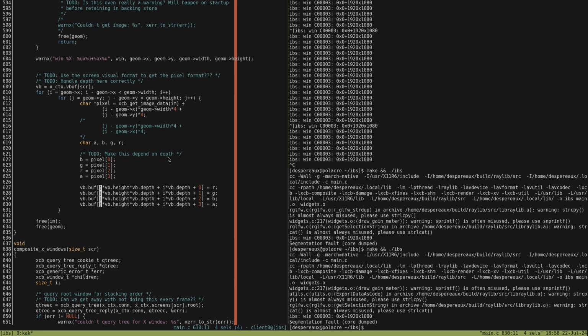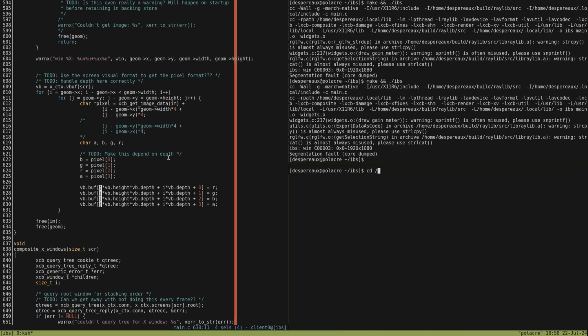Okay, so, all right, that looked like one window. That's one window there. All right, and then somewhere in between those two, we got a second window.